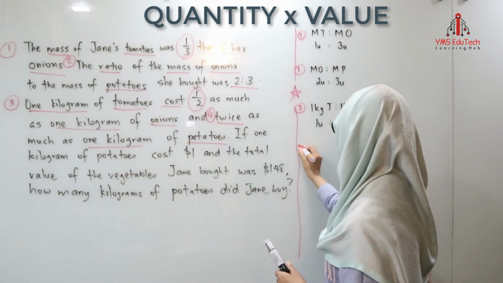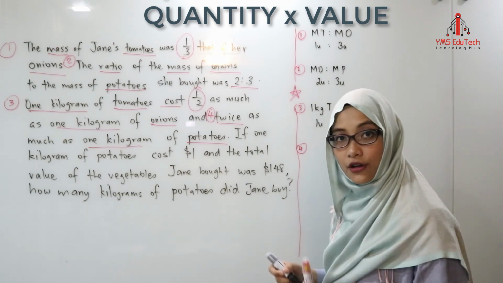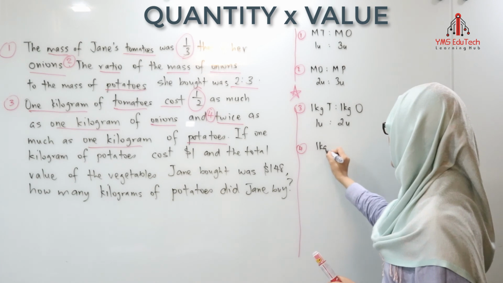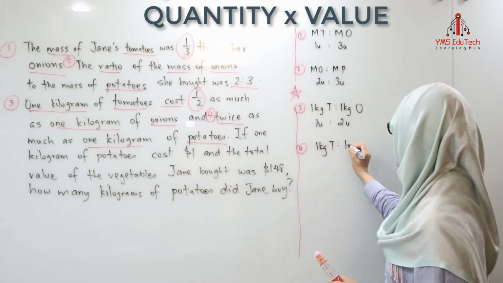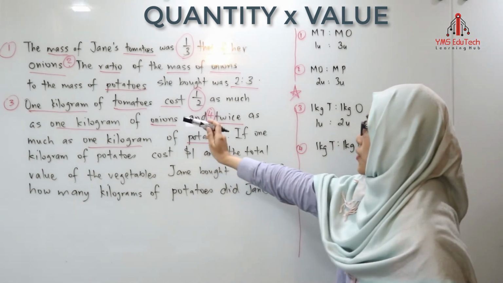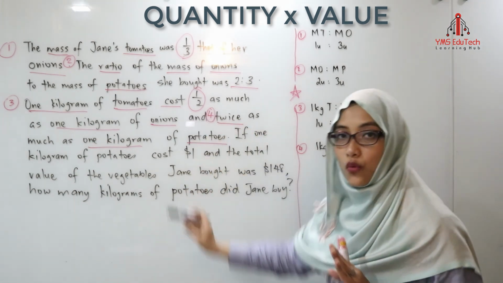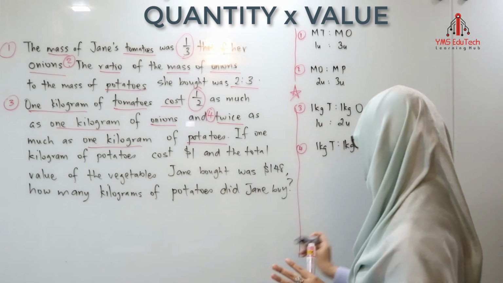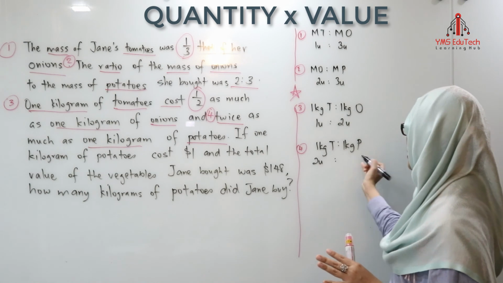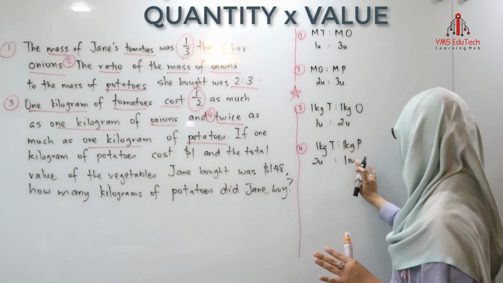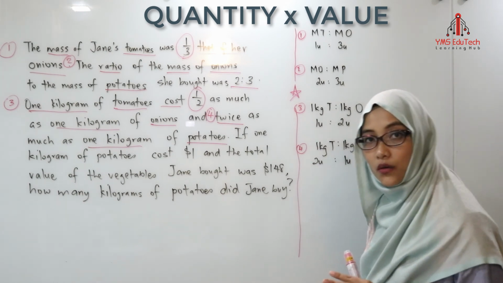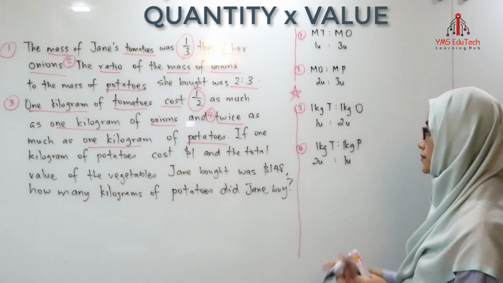So information number 4, I have 1 kilogram tomatoes is to 1 kilogram potatoes. 1 kilogram tomatoes is twice 1 kilogram of potatoes. So that means 1 kilogram of tomatoes is 2 units, 1 kilogram of potatoes is 1 unit. That's information number 4.